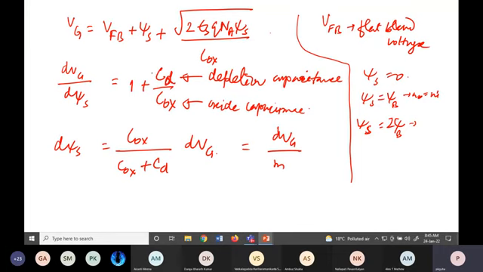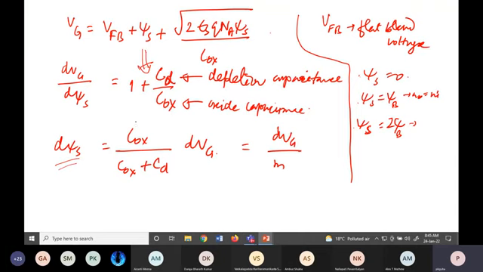These are different consequences of this formula, and we can find out dVg over d psi s. It is possible to show this will give you 1 plus Cd over Cox. Here also I have jumped some steps. So you can find the relation between d psi and dVg this way.